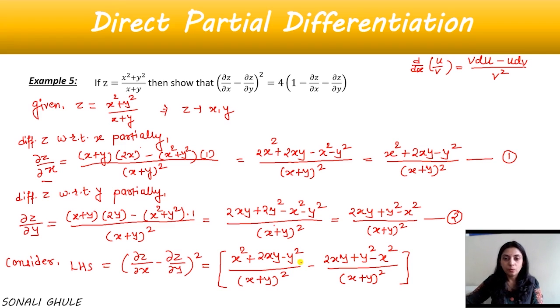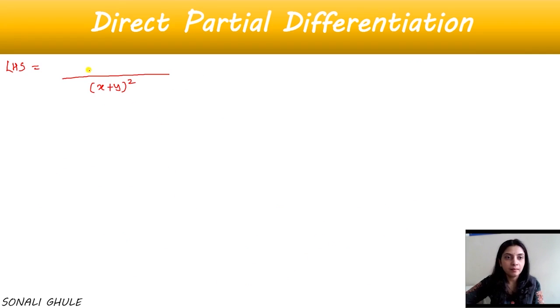So what happens here? X square, 2xy and minus 2xy will get cancelled. And x square plus x square will be 2x square, minus y square and this minus y square will be minus 2y square. So what is remaining in numerator?